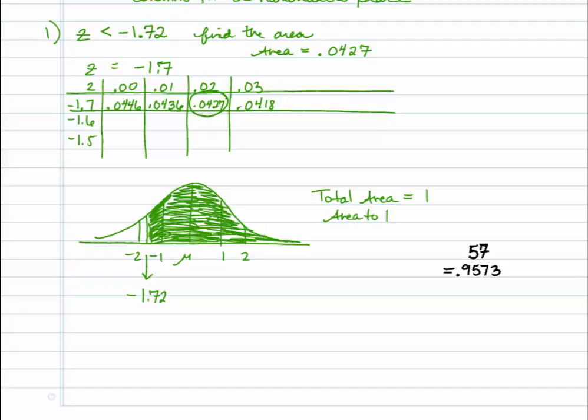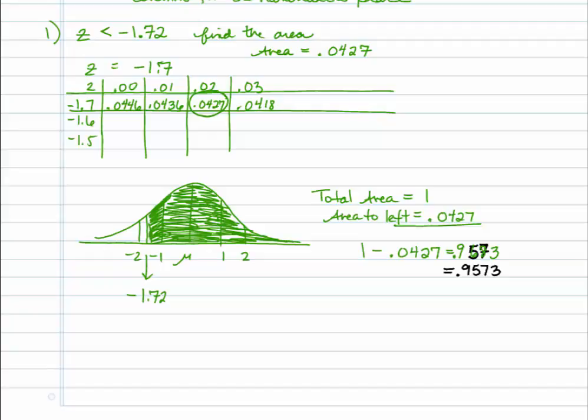If the area to the left we just figured out equaled 0.0427, we can actually subtract these two numbers, and we would be left with the area to the right. 0.9573 would give me the area to the right.